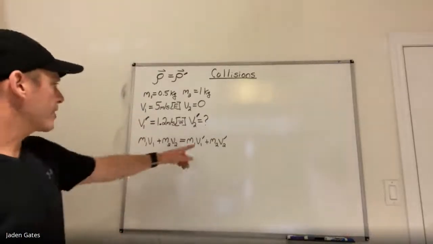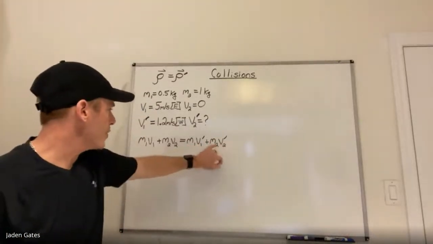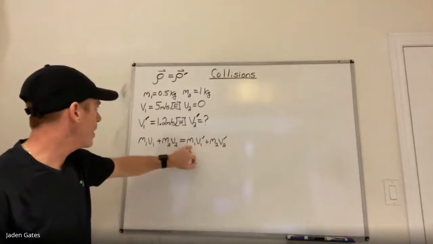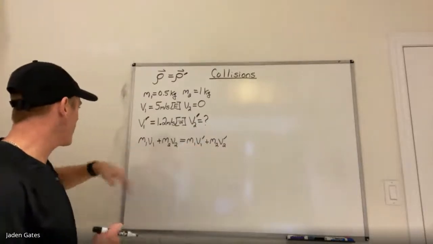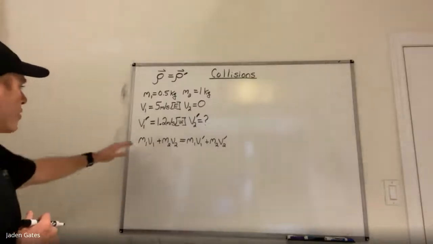The idea is I'm finding V2 prime, because I know everything else. So I'm going to substitute in my values.